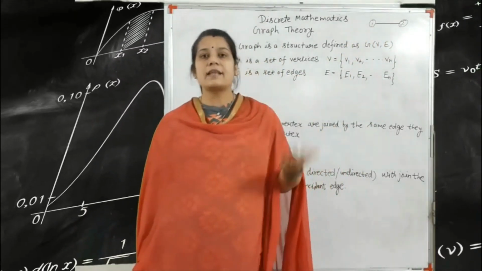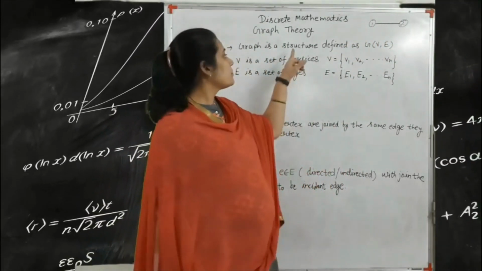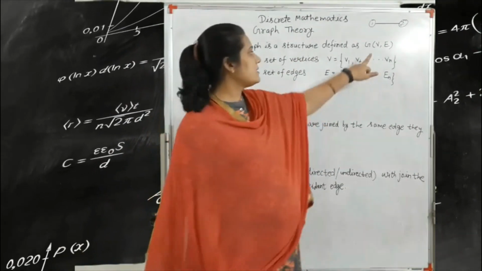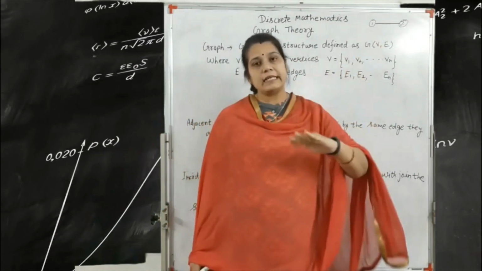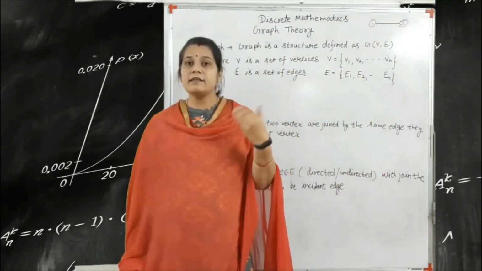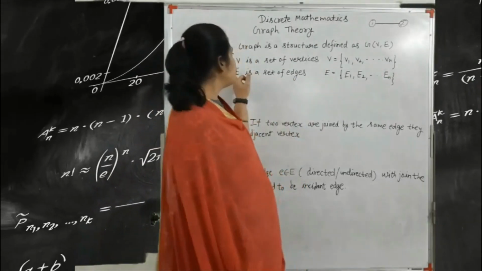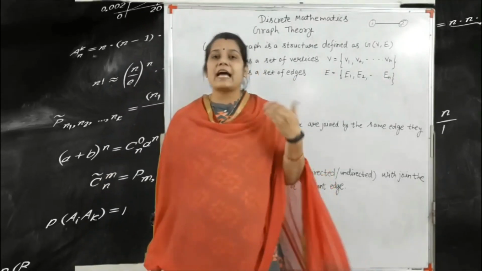So what is a graph? A graph is a structure defined as G = (V, E), that means vertices and edges, where V is a set of vertices.